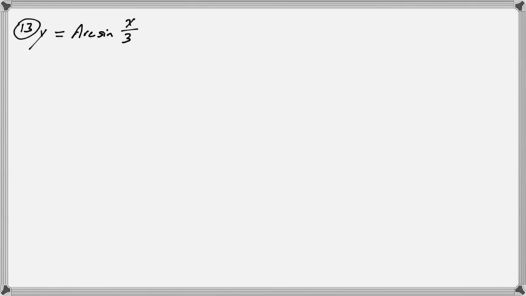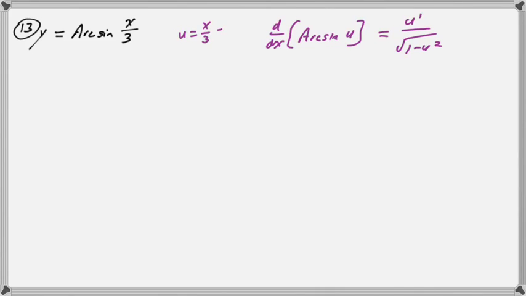Okay, 13, arc sine. I know that the derivative of arc sine of u would be u prime over the radical of 1 minus u squared. What is u in this case? x over 3, or 1/3 x. What does that make u prime? 1/3.